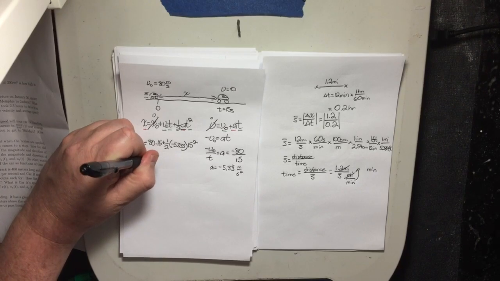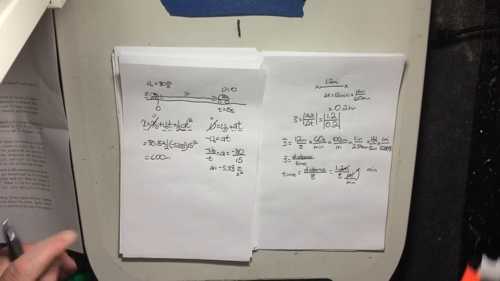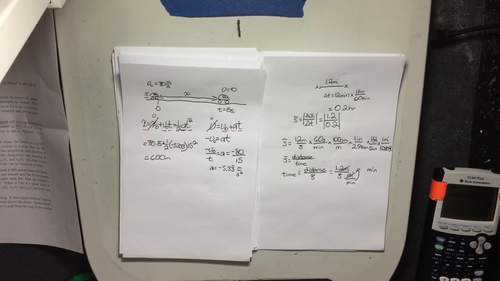So 600. Okay, so that's everything that we need to know in terms of the first question.